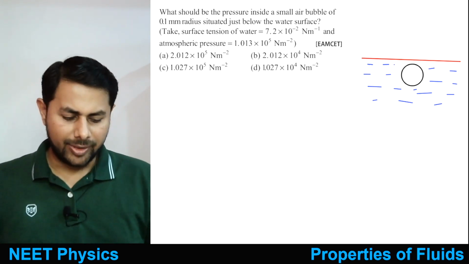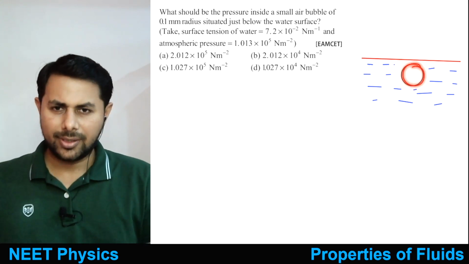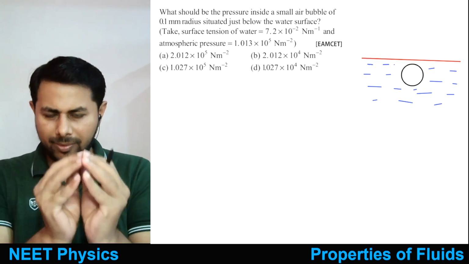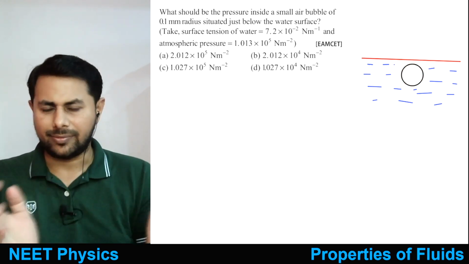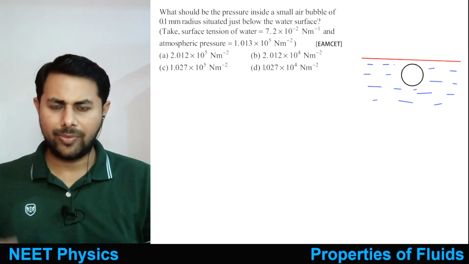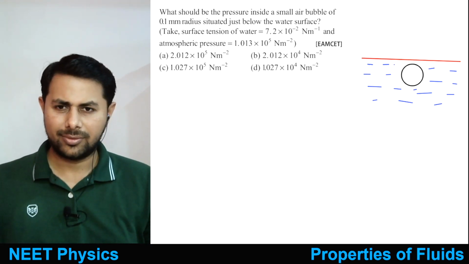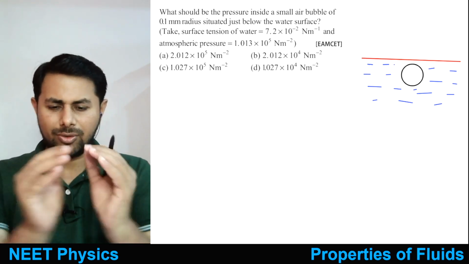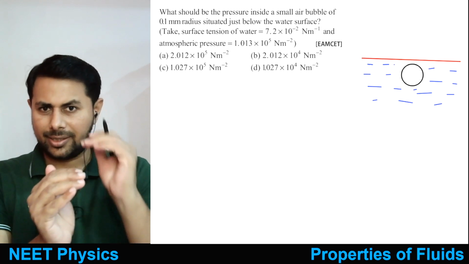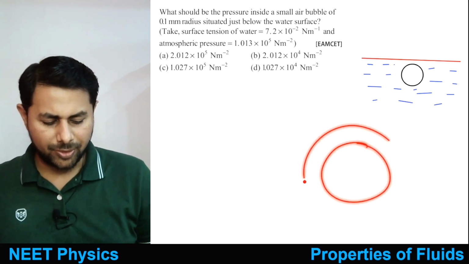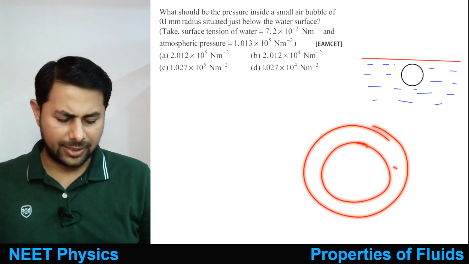Okay, no problem. See, this is an air bubble, and there is water outside, right? So how many free surfaces are there? Only one surface, right? If it is a soap bubble, there is air inside, air outside, and in between there is a layer of soap film.